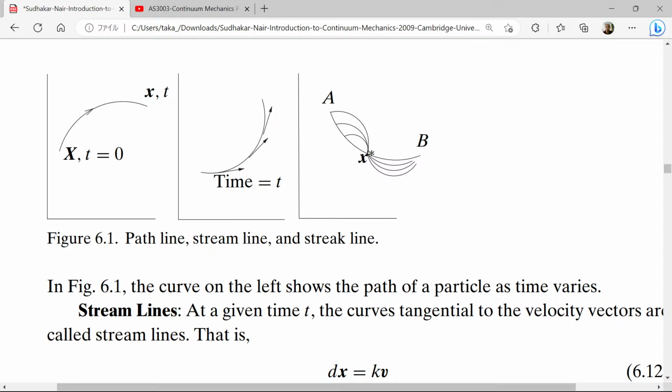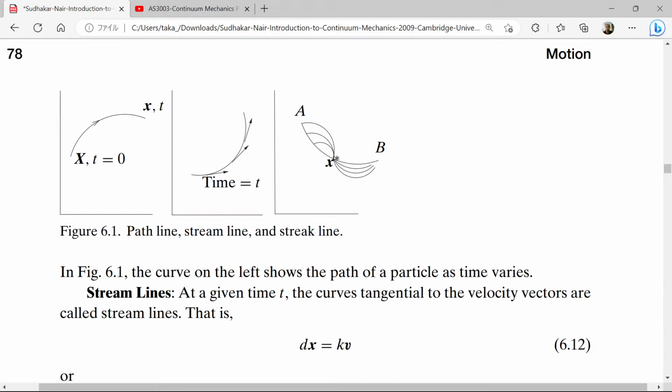In Figure 6.1, the curve on the left shows the path of the particle as time varies. Streamline: at a given time t, the curves tangential to the velocity vector are called streamlines.